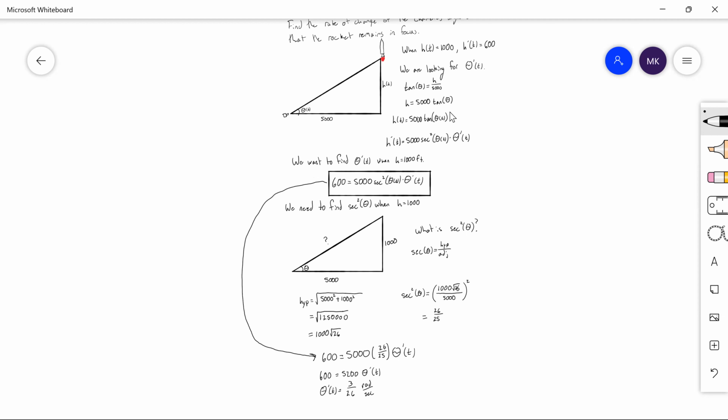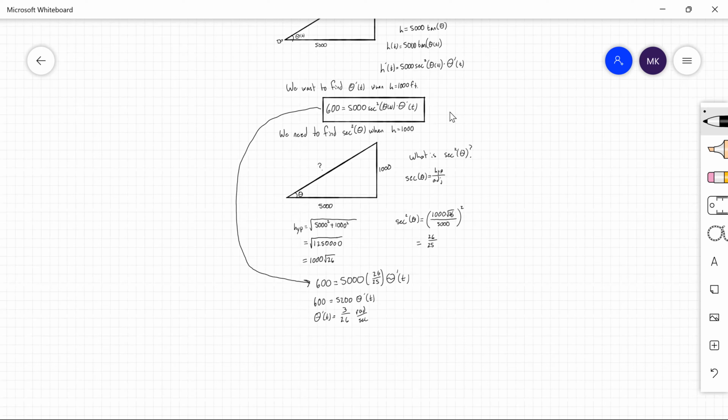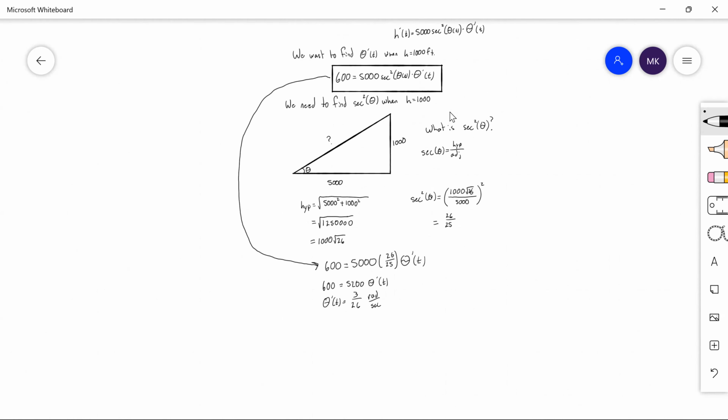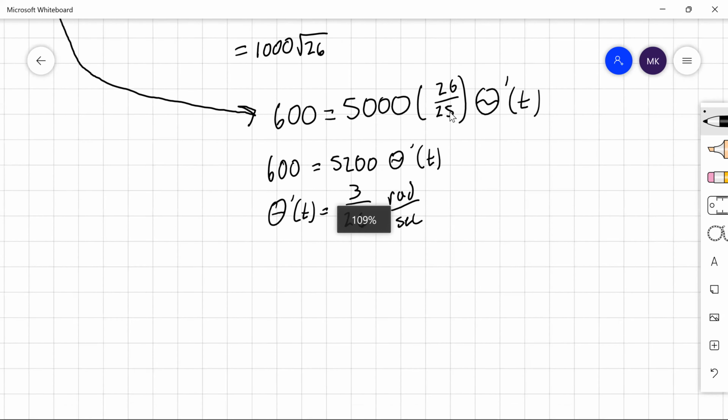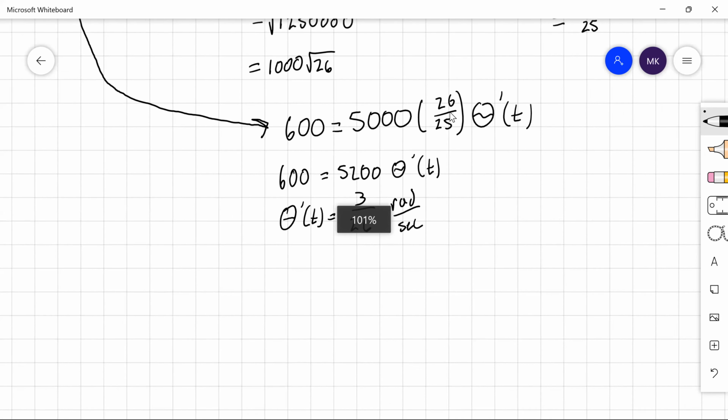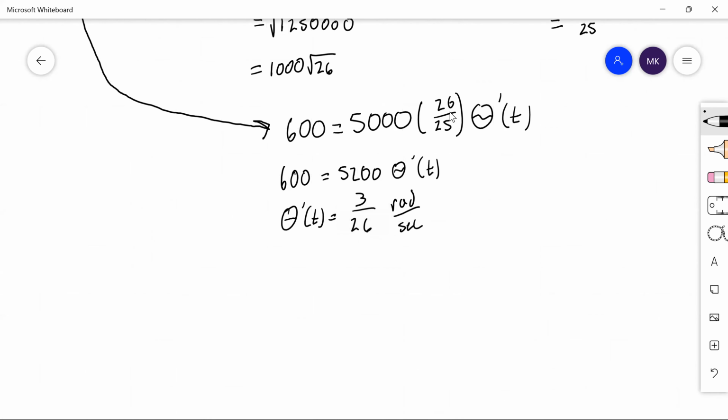So what is the derivative? Just to make a note, I'll zoom in. Right now, look up in your notes.